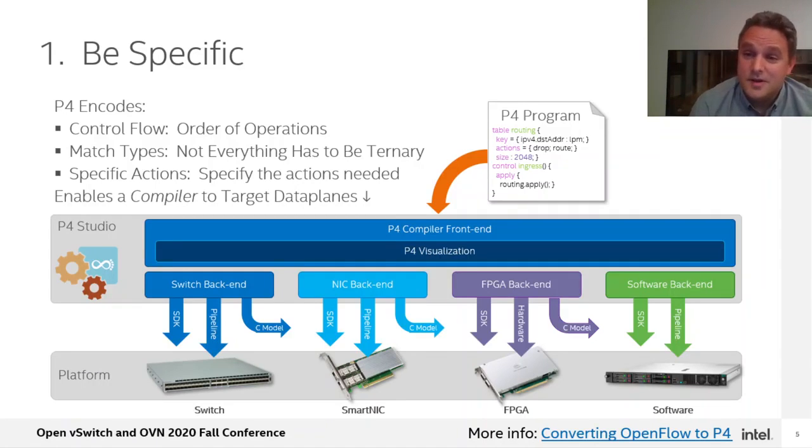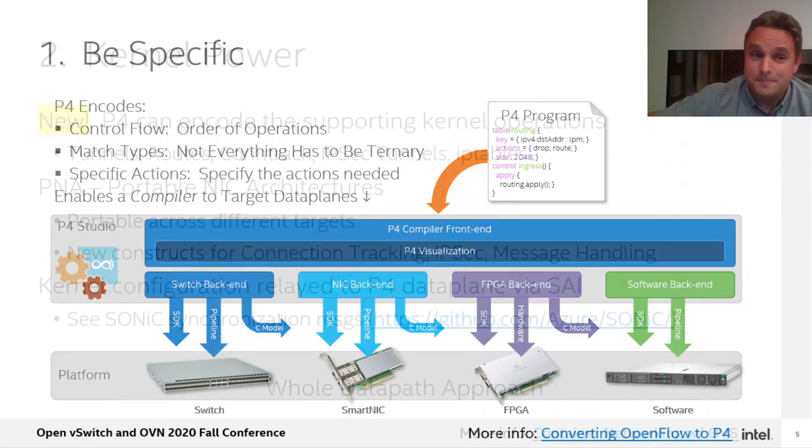And so instead of offloading a software data plane, I can now take my spec, my contract of the data plane and say, I can move it from target to target, assuming that those targets can support the very specific data path that I've specified.